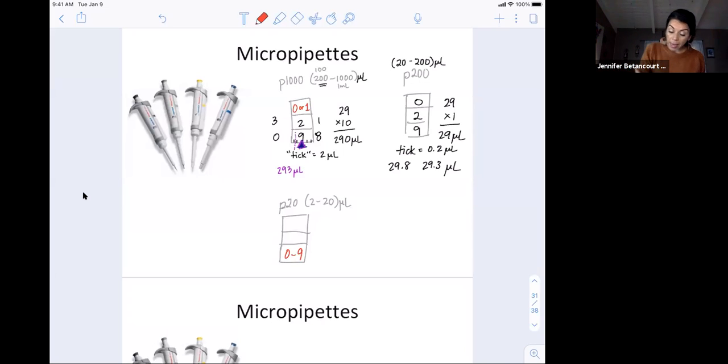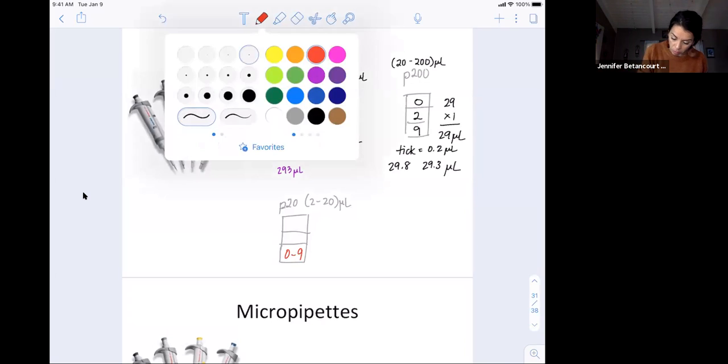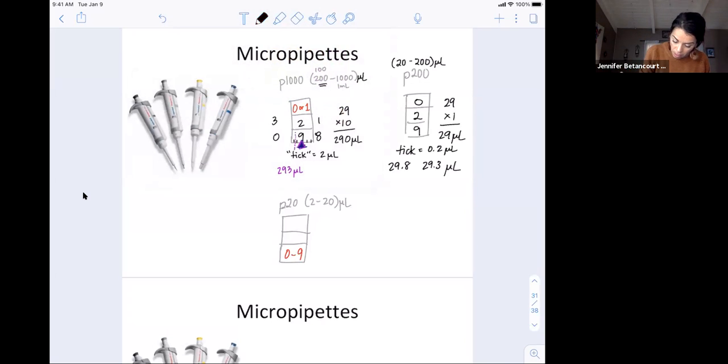So for me, let's do some different numbers over here. I envision an imaginary decimal place between the top numbers and the bottom red number. That's how I read it, and I have trained my eyeballs to do that. There's actually no decimal place here, but that's how I read it.